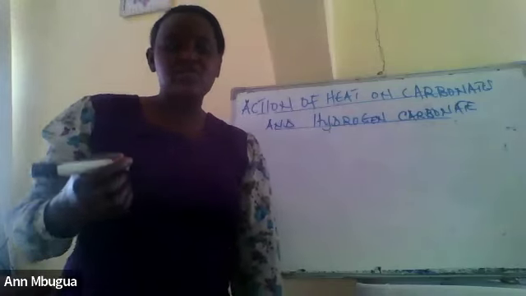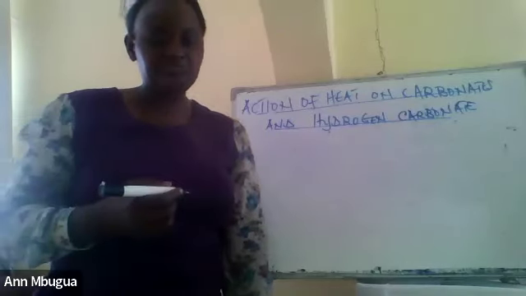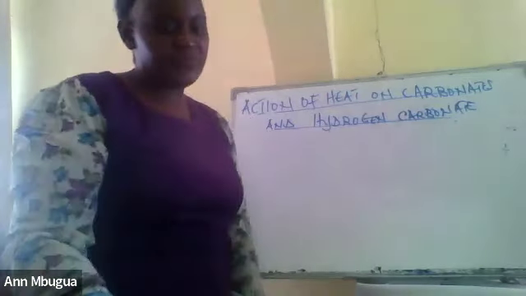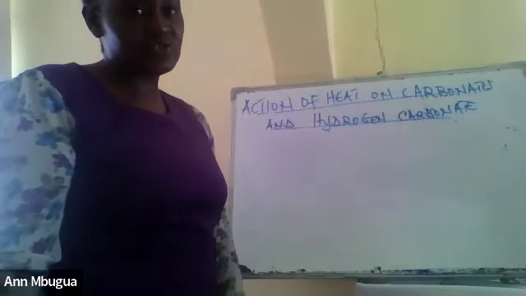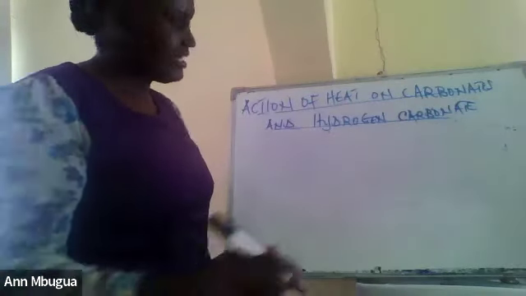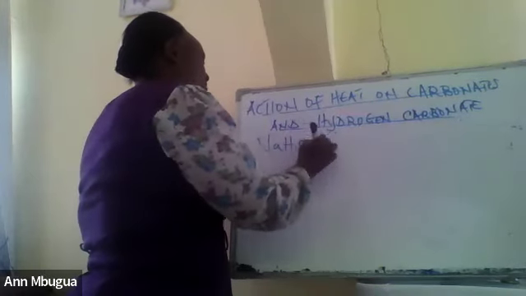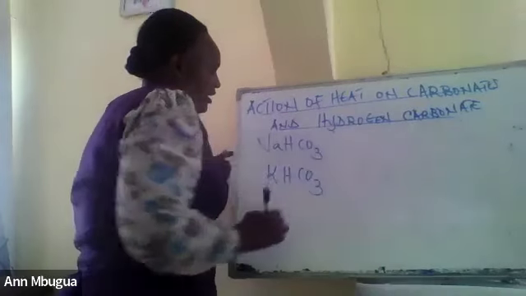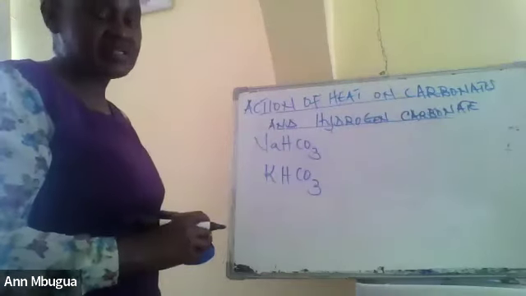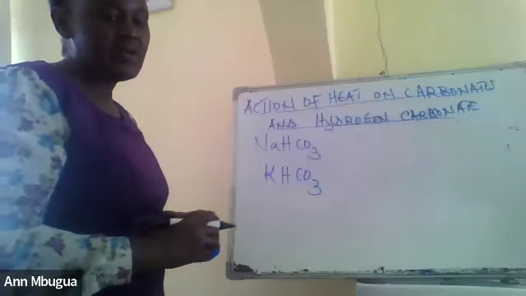So with hydrogen carbonates, they all decompose on heating. The first two, sodium hydrogen carbonate and potassium hydrogen carbonate, give the metal carbonate. Remember the carbonates, we say they are stable. They will not decompose on heating.